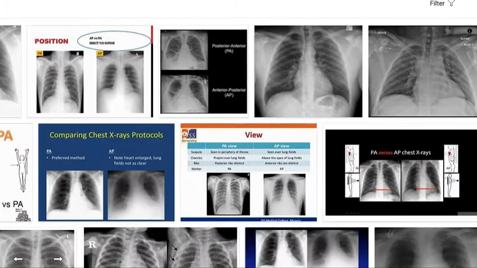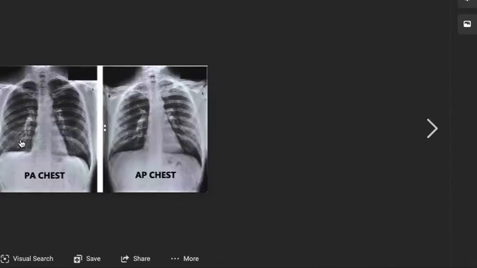This one is the PA, this one is the AP view. Of the same person, see how the heart looks in this one and in this one. The heart seems a little bigger here than in this one, right? So never comment about the heart size on the AP chest view, because in this one the heart is magnified.